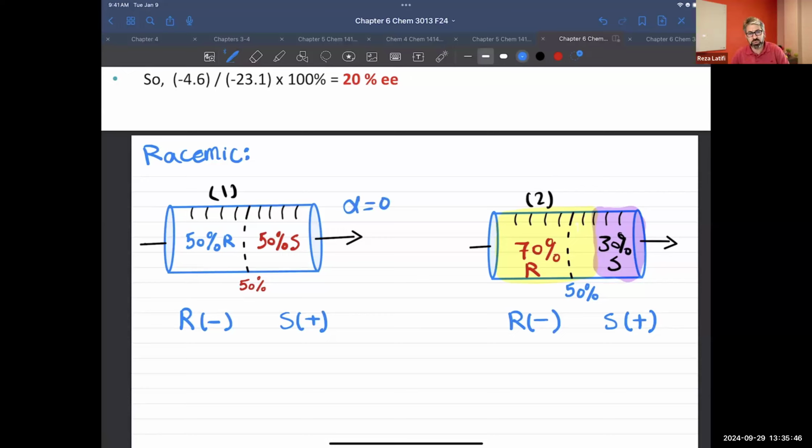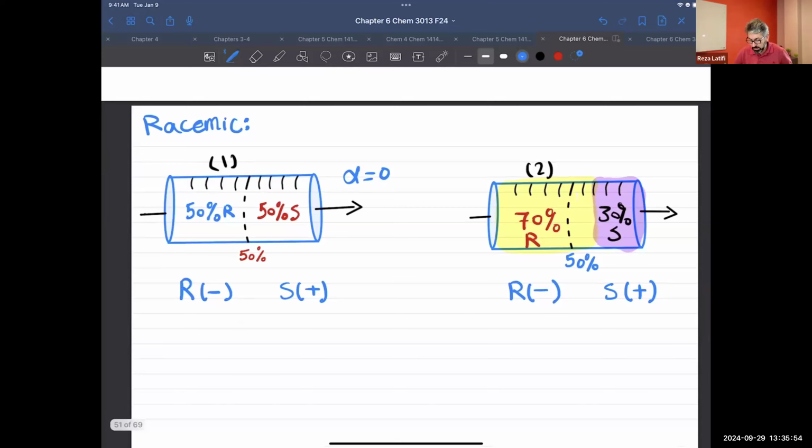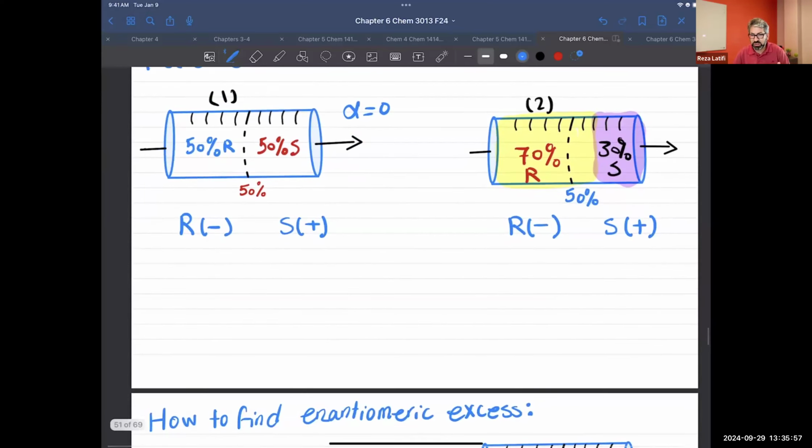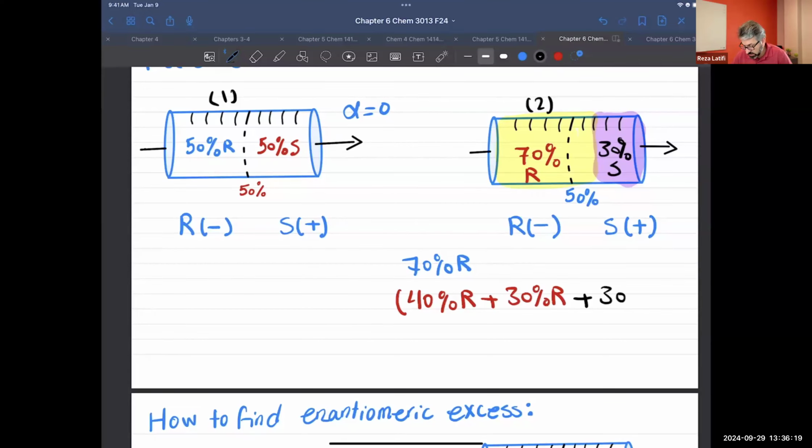But in the second one, we have 70% R and 30% S. What am I going to be able to see? Remember this. You have 70% R and 30% S. I'm going to write the 70% R this way: 40% R plus 30% again from R. And then we have 30% S. These two have opposite rotation.